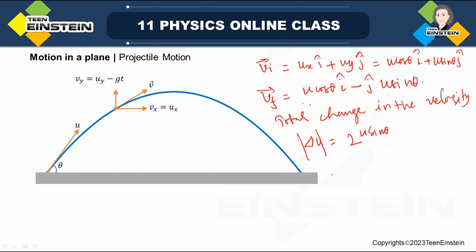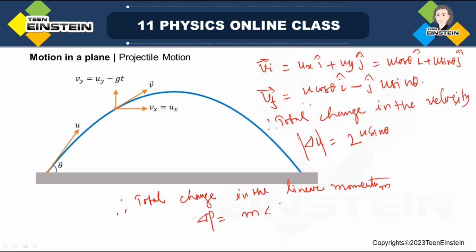Now total change in the momentum, how will it be? Total change in the linear momentum is m into delta u, so m into 2u sin theta, that is 2mu sin theta.